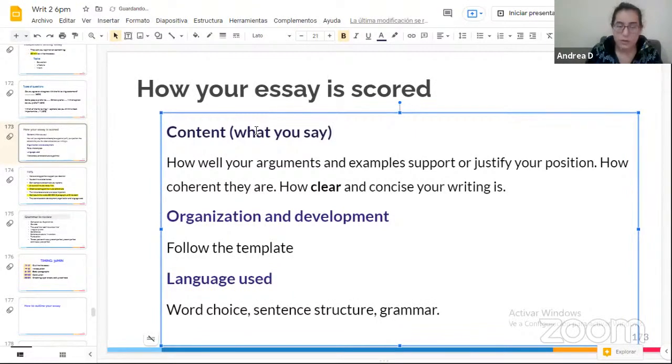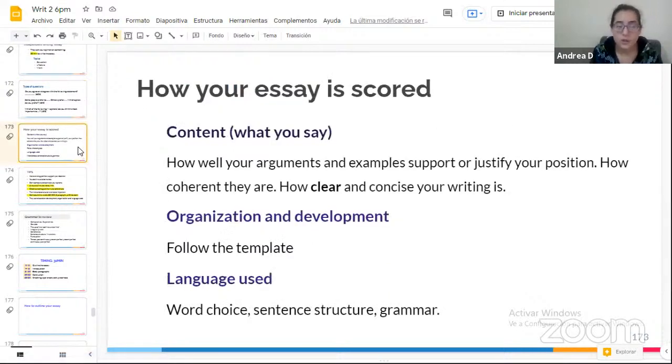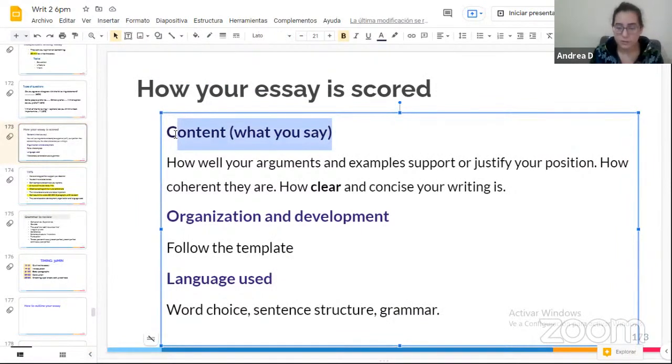So how convincing your arguments are, how clear it is, how concise, how coherent, whether you're being repetitive, whether you're not really answering the question directly. If you're going somewhere else and you're not really talking about the topic, then that's probably going to be bad for the content part.